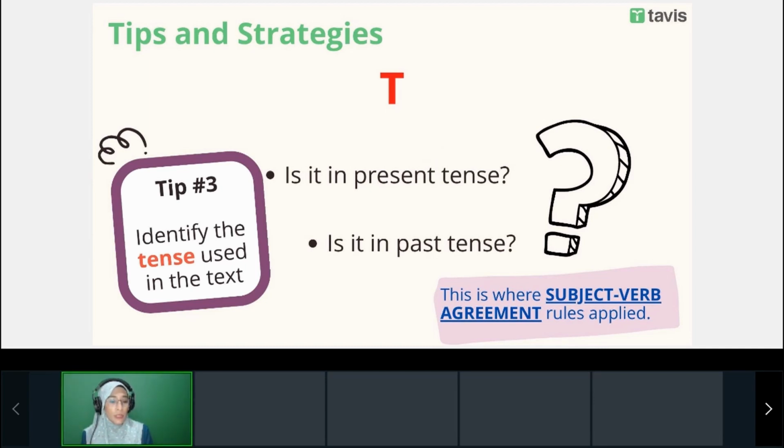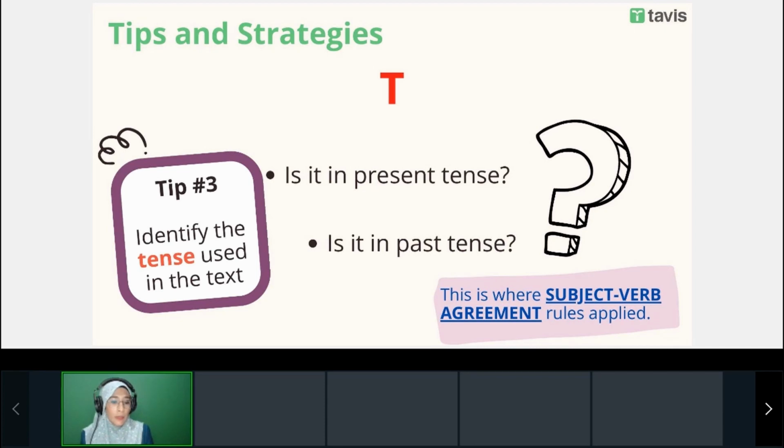Make sure you identify, oh, it's looking for present tense, or oh, it's looking for past tense. How do we know this? Just now we did it on our verb. Our verb just now was all about present tense, in a singular form. But if it's in past tense, a lot of the verbs end with D or ED.